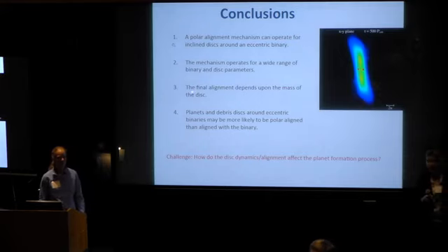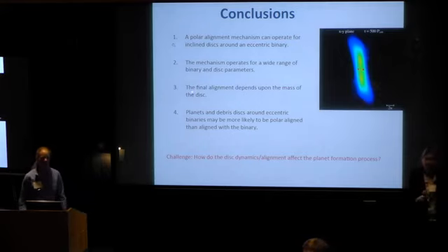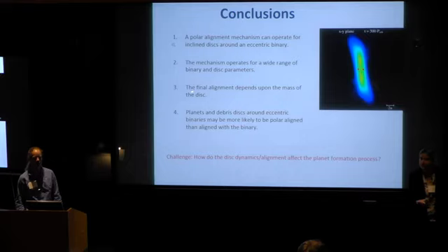So the criterion is when H over R is greater than alpha? So if I remember correctly from your simulations, usually alpha was significantly less than H over R. And basically, what happens, like those sloshing motions that you mentioned, that's when the bending waves can resonantly propagate across the disk.